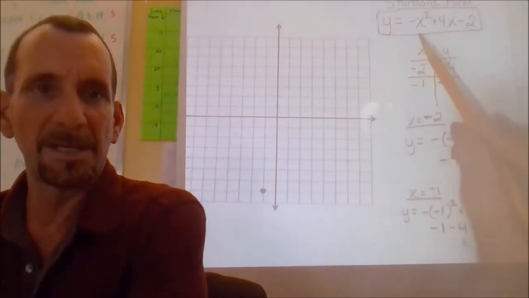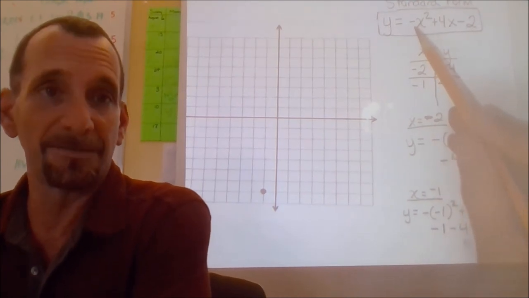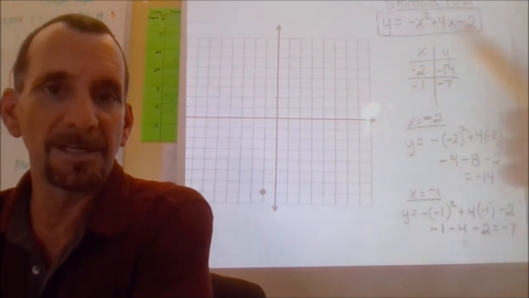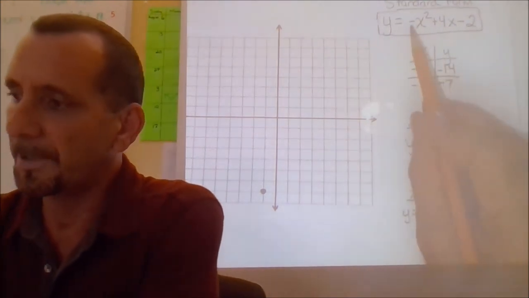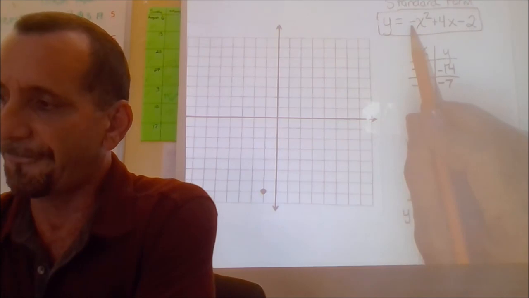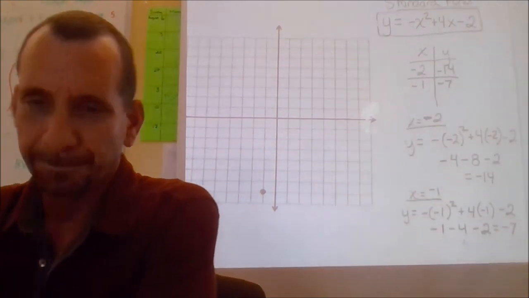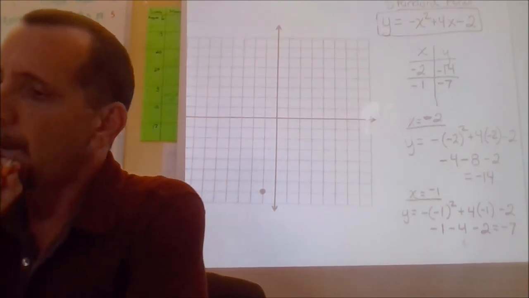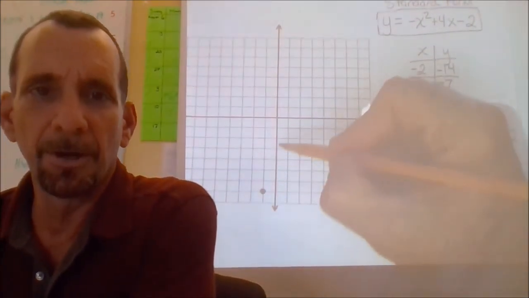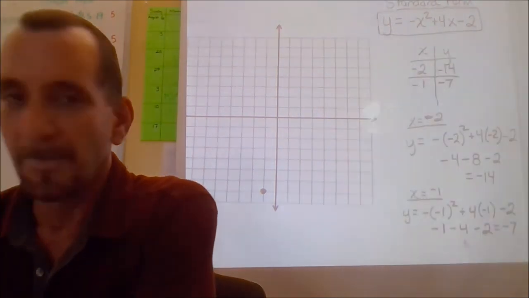Now we know because of this value in front of the x squared is negative that our parabola is going to open down. And that's something we talked about in class. This is a reflection about the x-axis opening down. Now here's a key point. When x equals 0, that's the y-intercept of the graph, right?